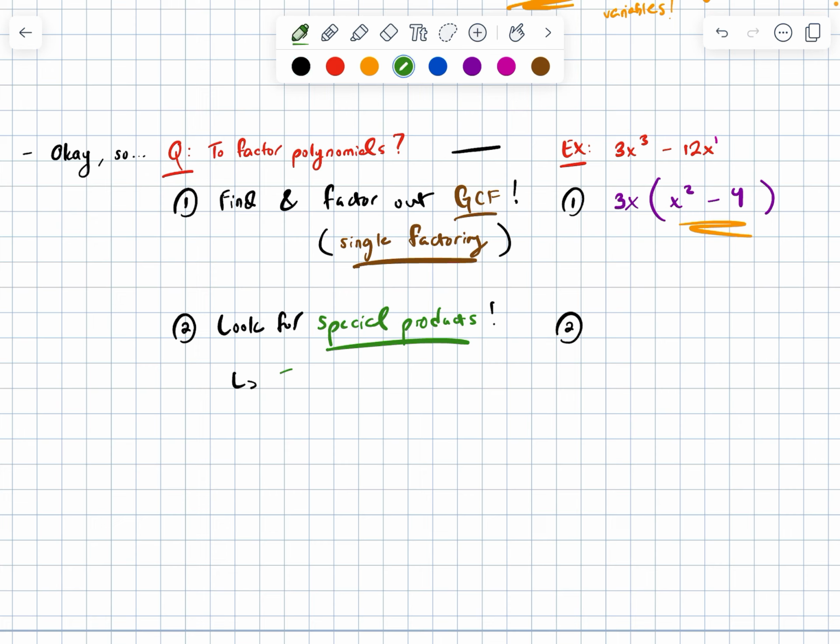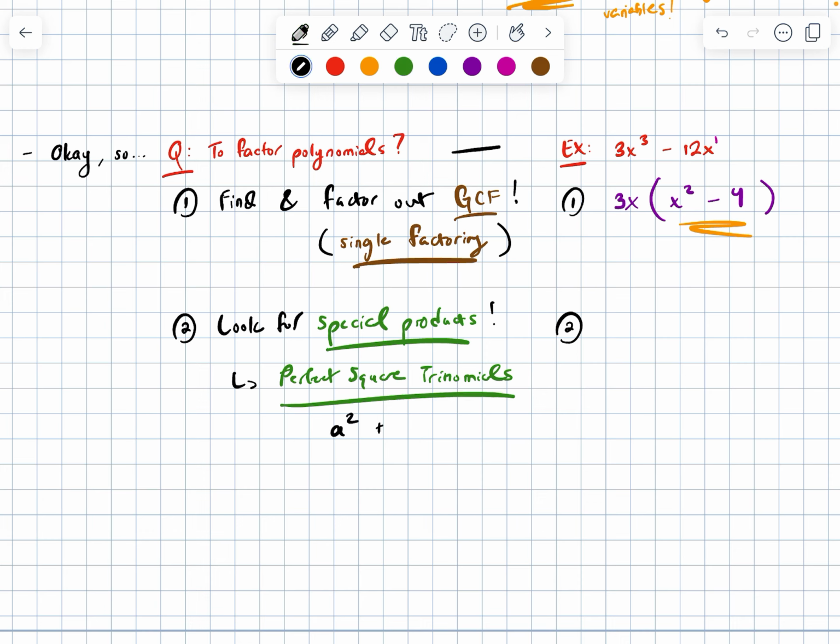So the first kind of special product that we saw was our perfect square trinomial pattern. It was a binomial times itself. There were 2 of them.